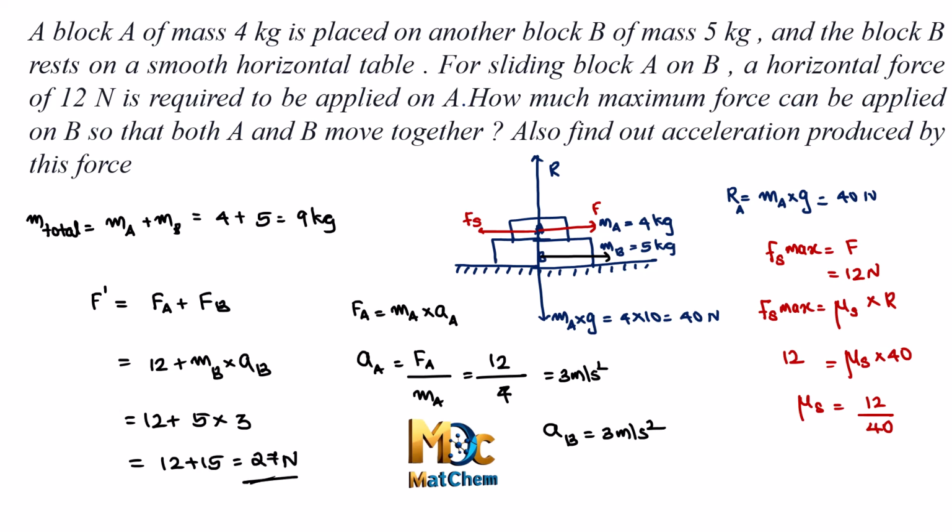That means the maximum force that can be applied on the B so that A and B will be moved together is equal to 27 Newton. The maximum acceleration produced by this force is equal to 3 meter per second square.